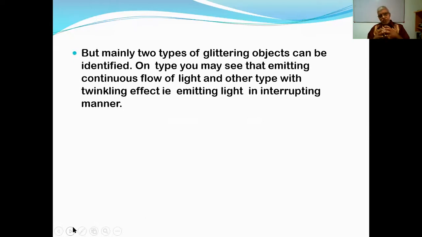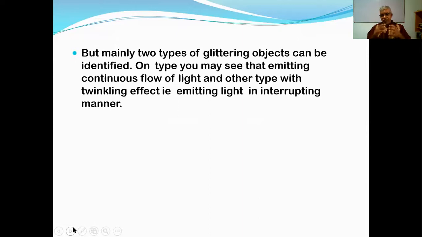Then, when you observe these light points very closely, you find that some of them twinkle. Twinkle means they emit their light in an interrupted manner, because the light level goes up and down. This process is called twinkling.